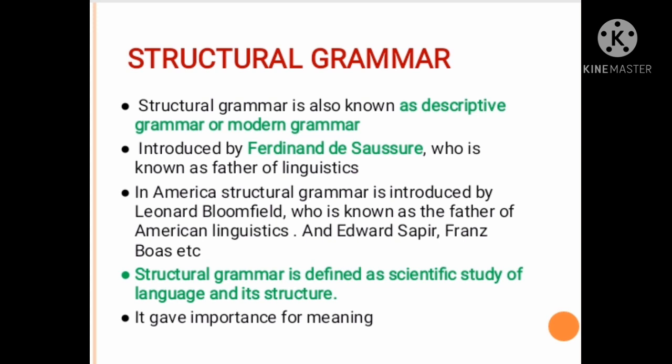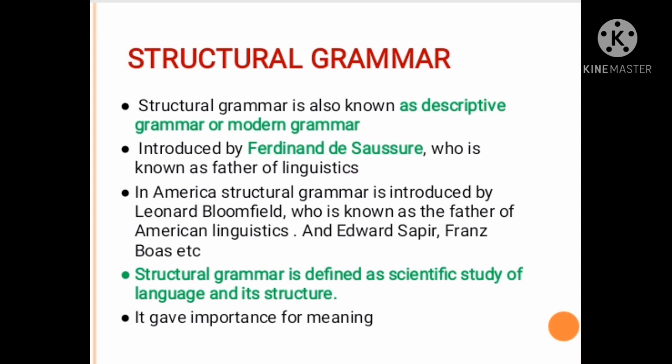Structural grammarians gave importance not only to the structure of a sentence but also to its meaning. Structural grammar was introduced by Ferdinand de Saussure, and in America, it was introduced by Leonard Bloomfield, Franz Boas, Edward Sapir, etc. Leonard Bloomfield is considered the father of American linguistics.